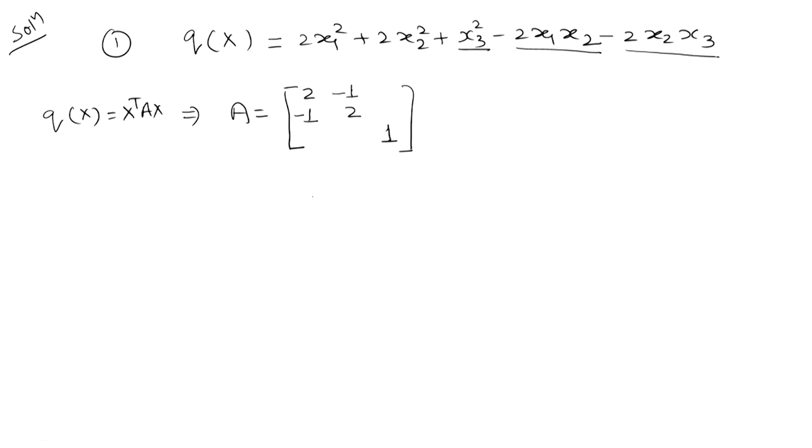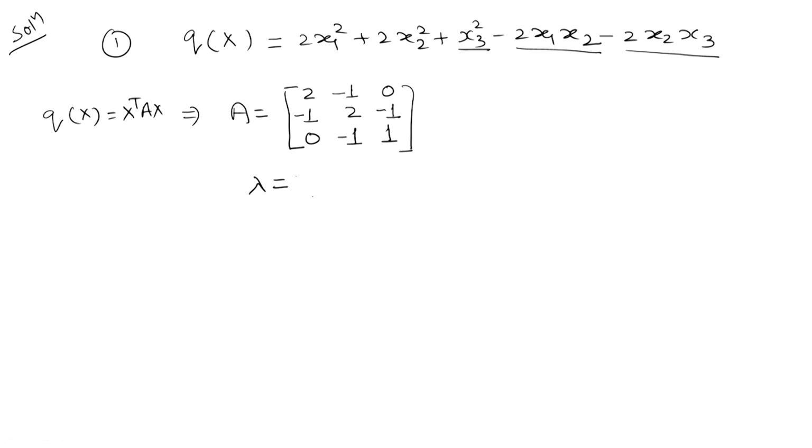For minus 2 x2 x3, I will take minus 1 here and minus 1 here at the 2 3 and 3 2 entries, and these are 0. So, this is the associated form.